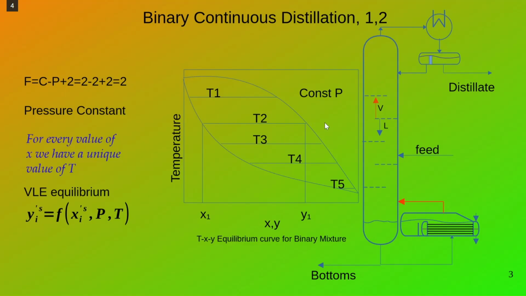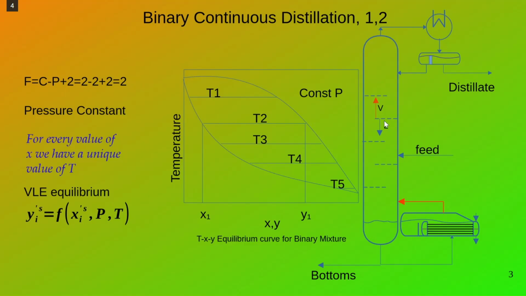Once we have fixed the concentration of the liquid leaving any plate, the concentration of the ith component leaving in the vapor is automatically fixed by rules of equilibrium.